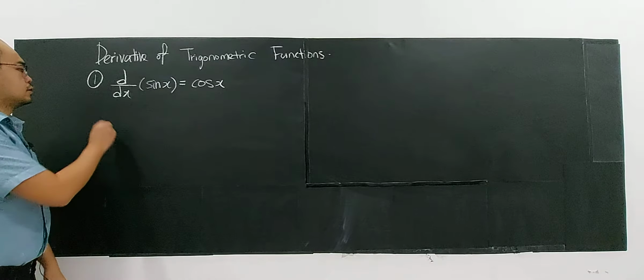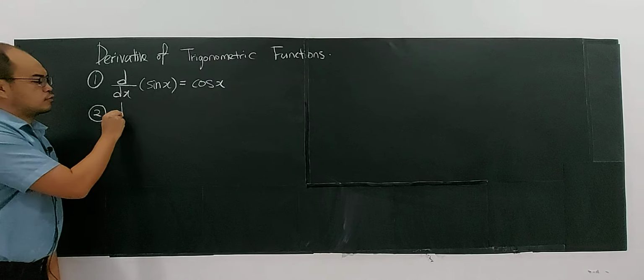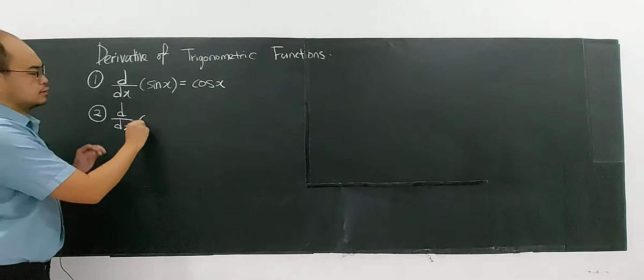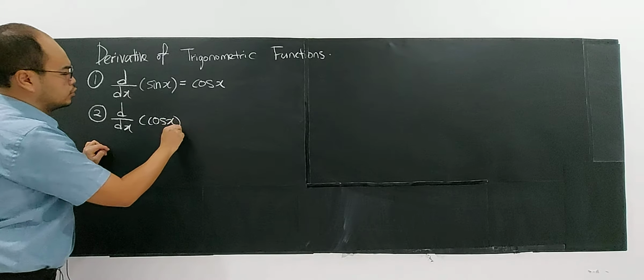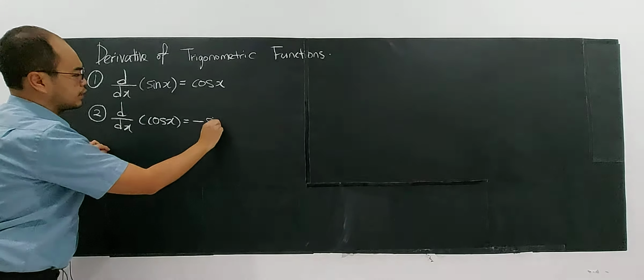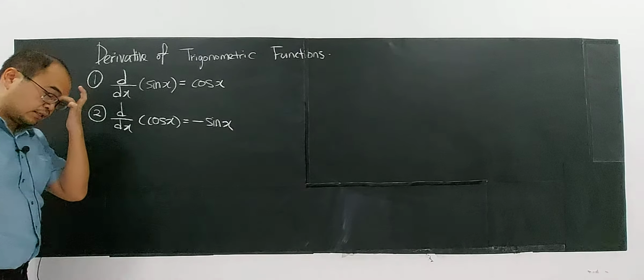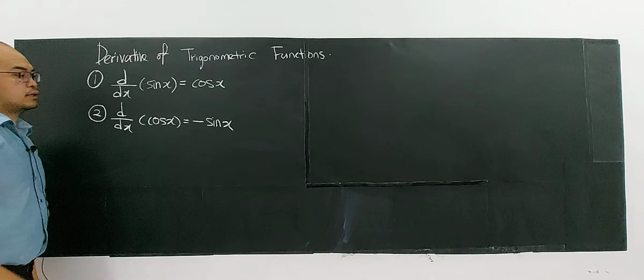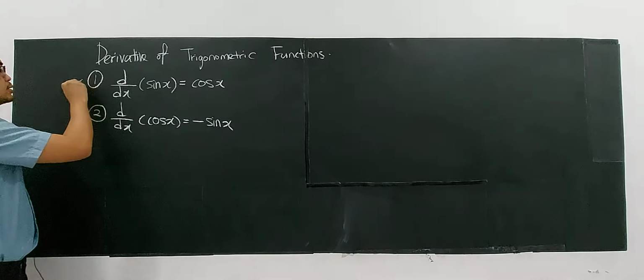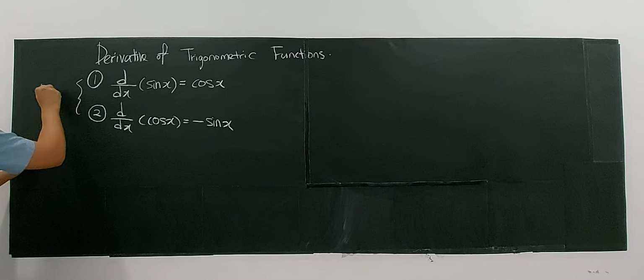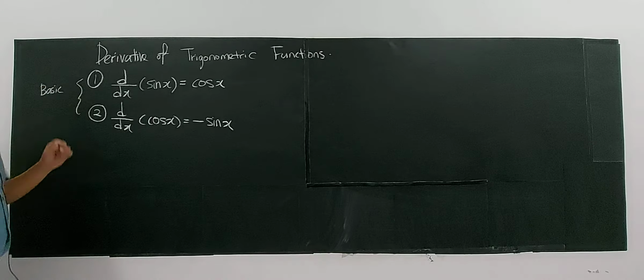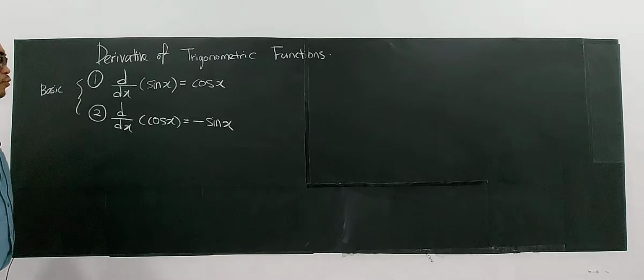Number 2, if you're differentiating cos x, you are getting negative sine x. These are the two basics of differentiation of trigonometric functions.